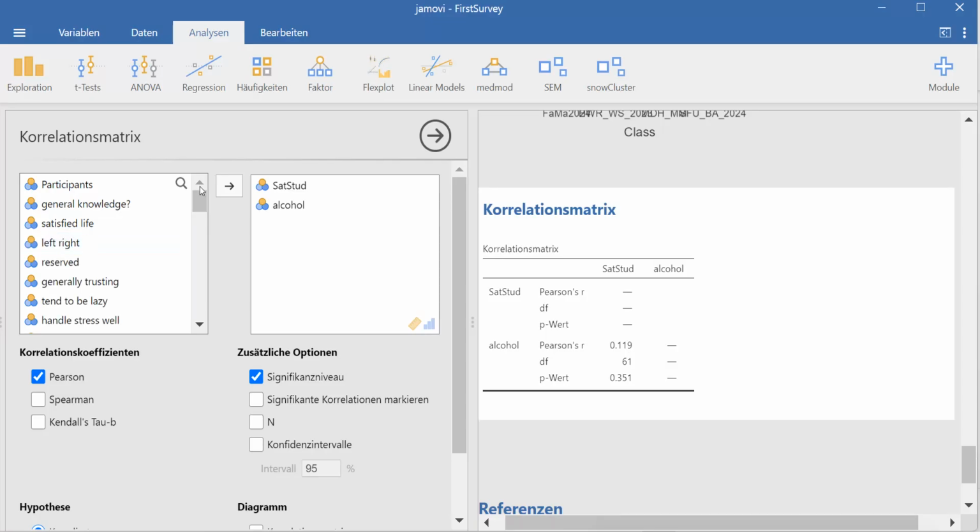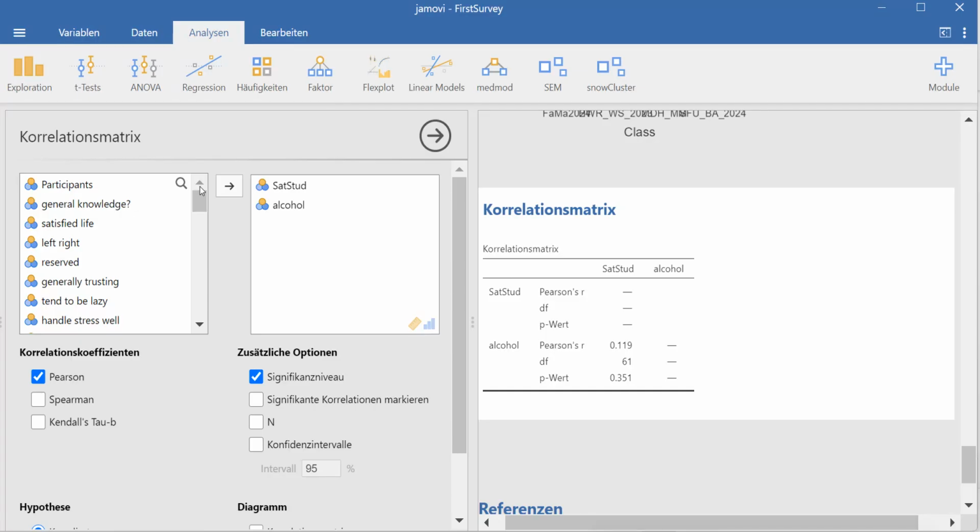So here we have 2 times interval scale data, but you can also apply correlation analysis to ordinal scale data. You remember ordinal scale means that you can rank order the values, but the difference between the values is not the same. A typical example for ordinal scale data would be the educational degree, or grouped data for income, for example, 0 to 1,000 euro, 1,000 to 2,000 euro, and so on.